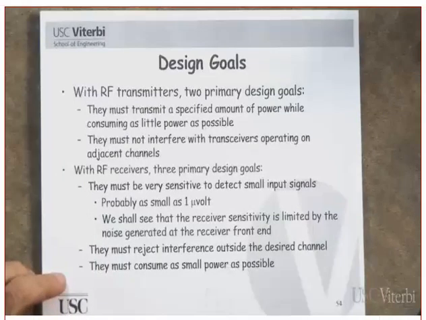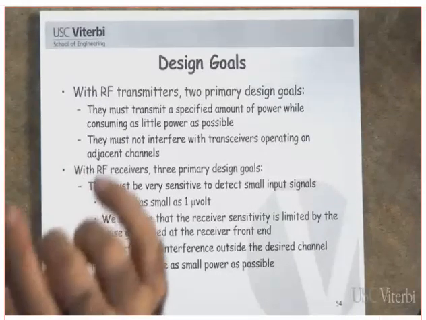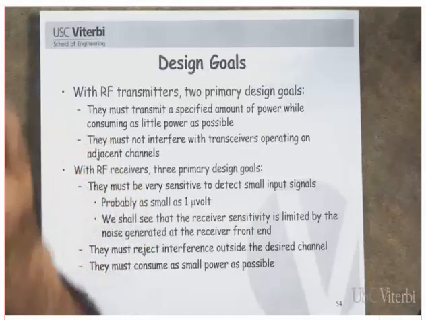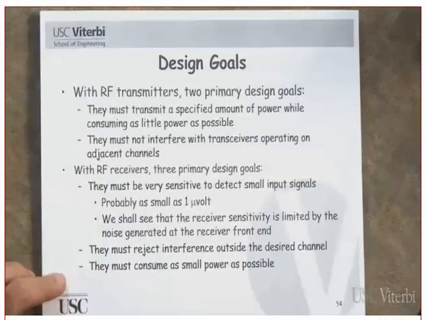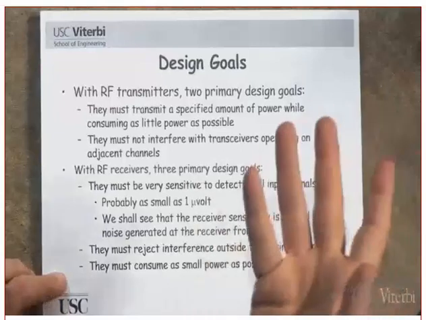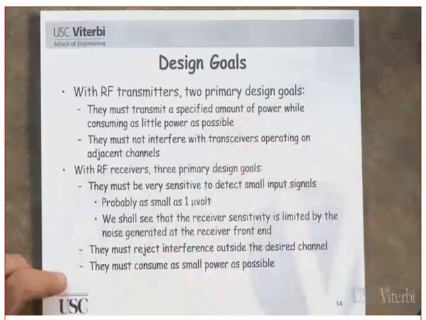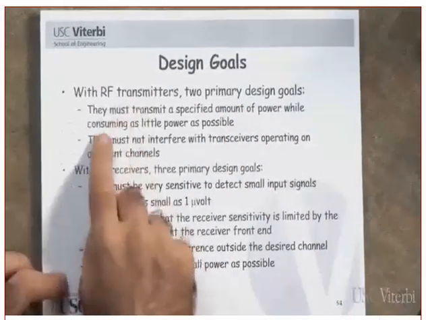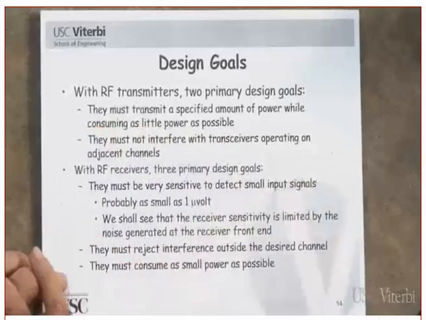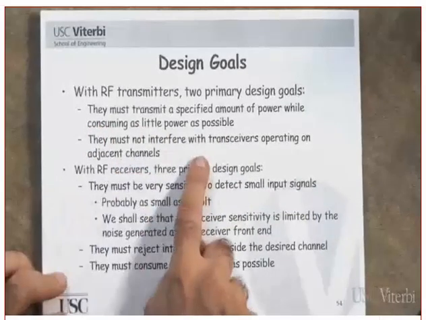I would like that conversion to be as efficient as possible, using a small amount of DC power to generate the desired RF power. And I don't want a lot of loss, because loss means heat. You don't want dissipated heat. Clear?